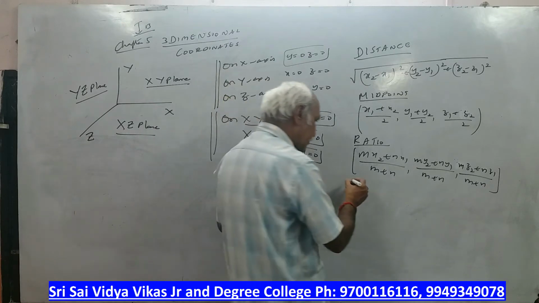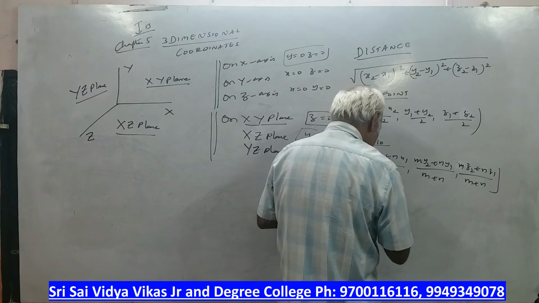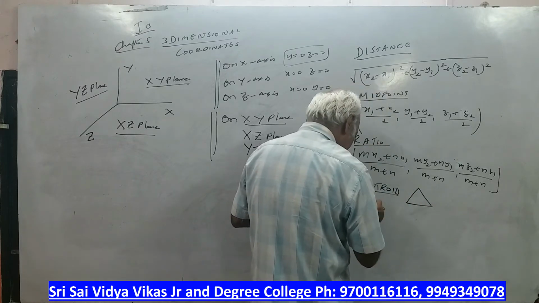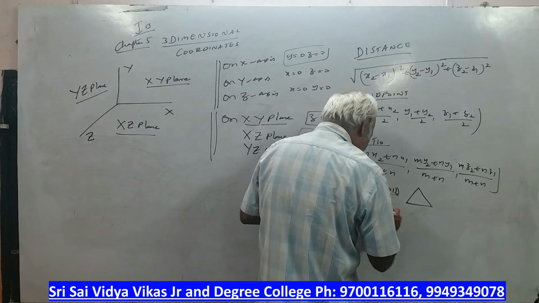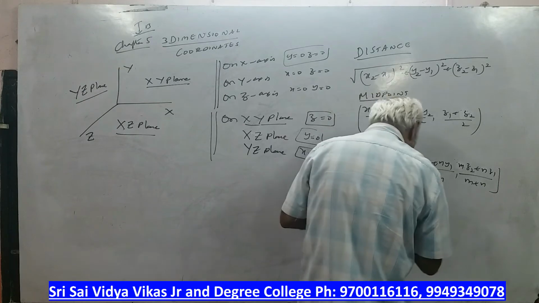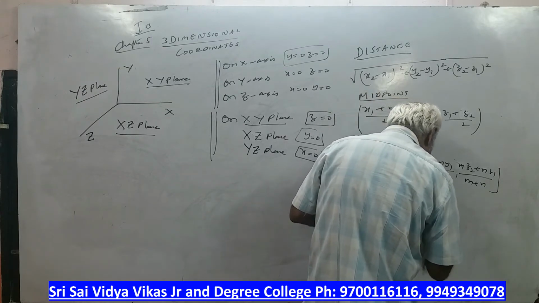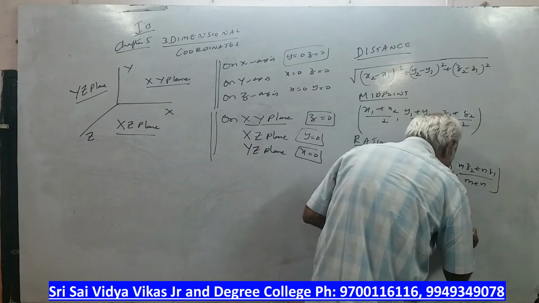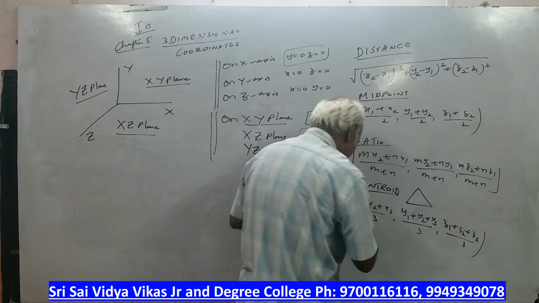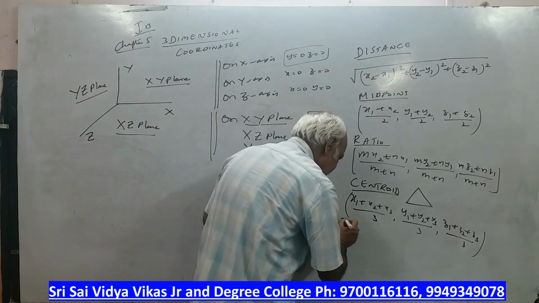Now centroid. Okay. So x1 plus x2 plus x3 by 3 and y1 plus y2 plus y3 by 3, z1 plus z2 plus z3 by 3. Okay, centroid of triangle.